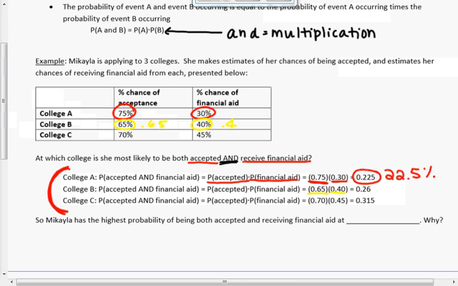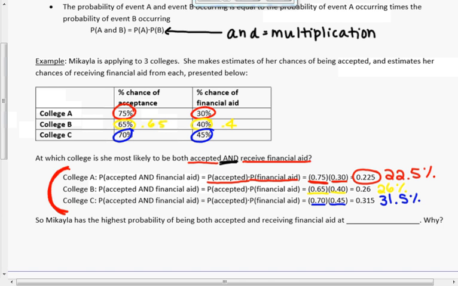So you get multiplied together, and this is going to end up being a 26% shot of both being accepted and receiving financial aid for college B. Finally, we have college C, 0.7 from the 70%, and 0.45 from the 45%. Comes together, and we have a 31.5% chance of Michaela both being accepted and receiving financial aid from college C.